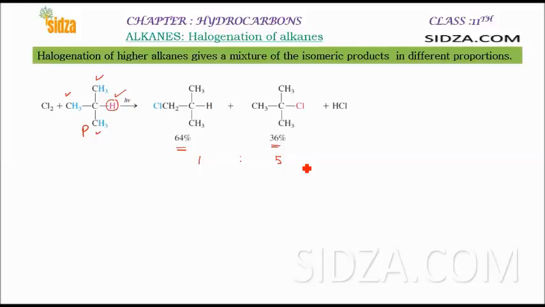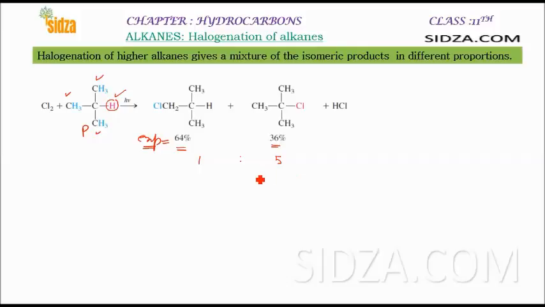It should be the other way. But what we find is the primary one is more, 64%, and the tertiary is only 36%. This is the experimental ratio, what you actually find. Why is it so?